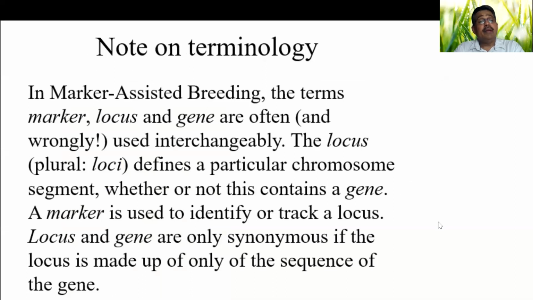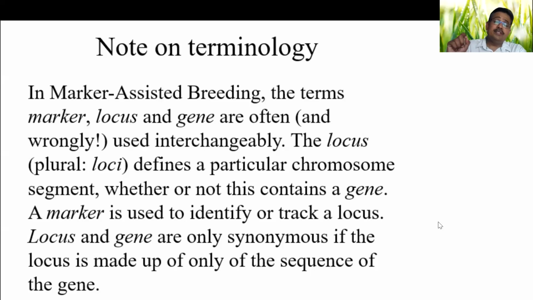In a marker-assisted breeding program, when you work on markers, there are a few terms which are always confusing for people. For example, the terms marker, locus and gene are often wrongly pronounced or misinterpreted. Take the very simple terms locus and loci, where people normally make mistakes. The plural is loci and the singular is locus.